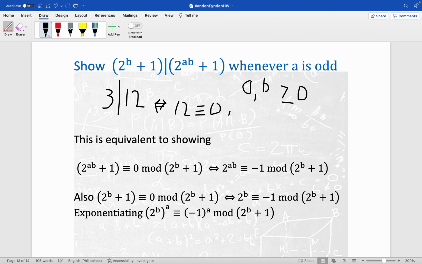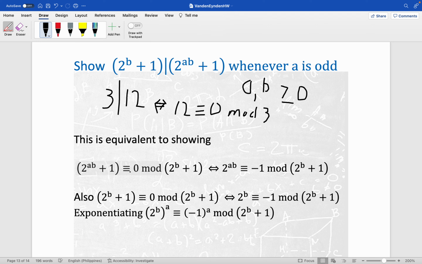Now that formulation of the divides operator comes in pretty handy here. It turns out we can rewrite the expression we're trying to prove in its equivalent congruence formulation.